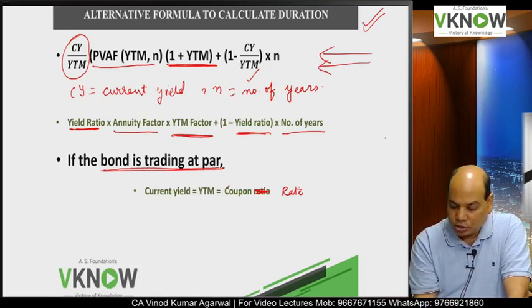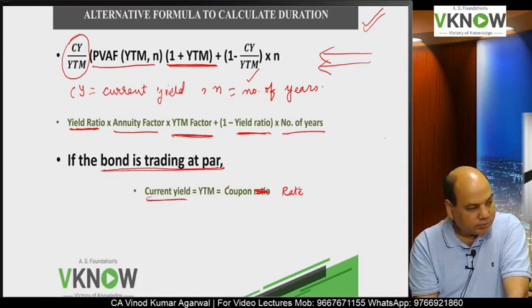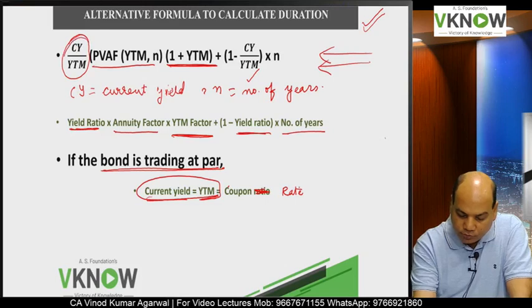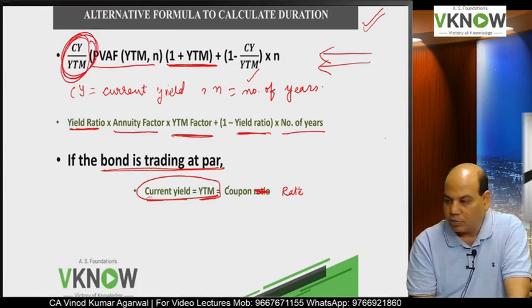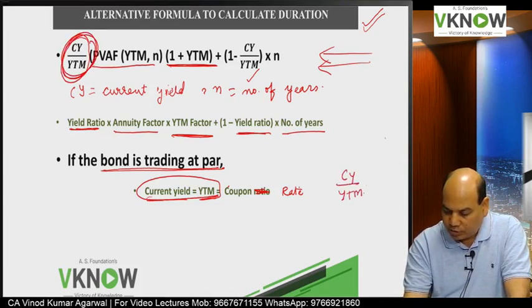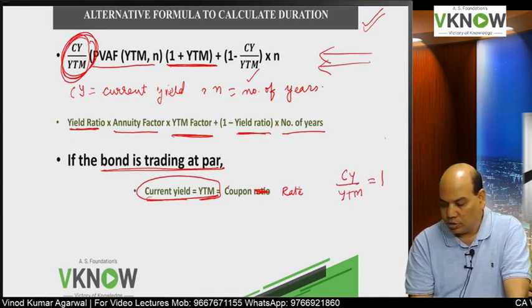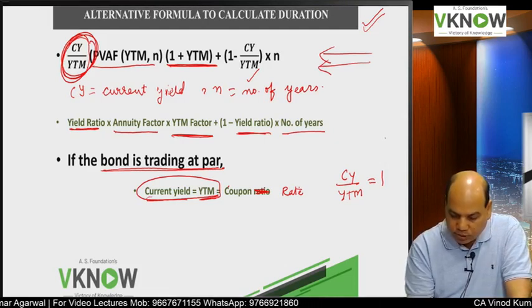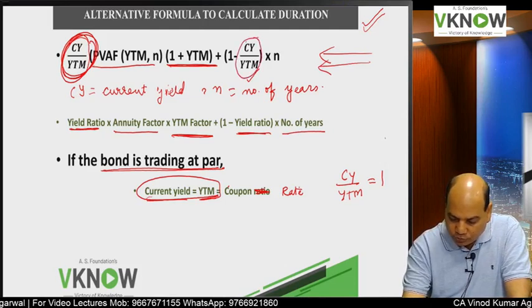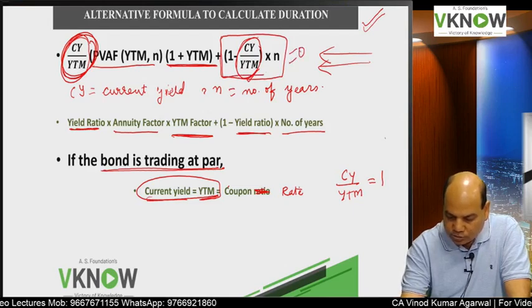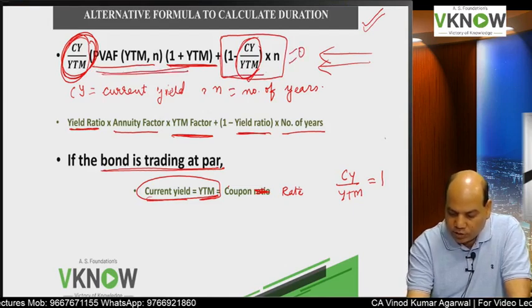Now you see the shortcut. If current yield and YTM are equal, what will be the value of CY upon YTM? CY upon YTM will be equal to 1. Very good. So if it is 1, here in my formula, this portion 1 minus 1 will become 0. So this entire thing will become equal to 0 and we are only left with this much.